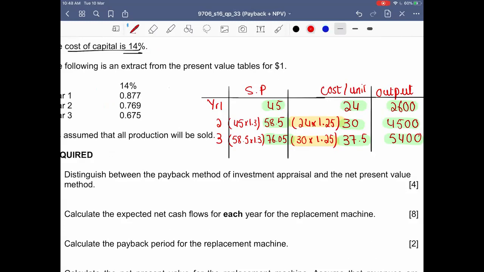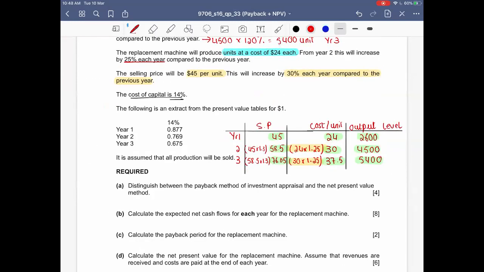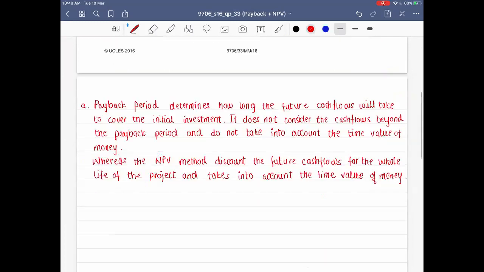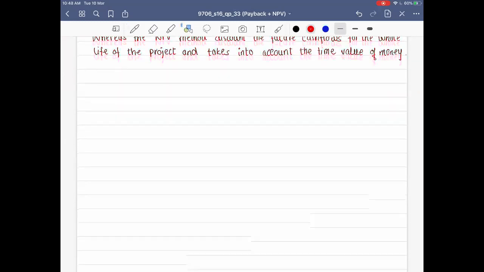So let's do it, guys. Inflows minus outflows, we can calculate the net flow. Let's calculate the net cash flows.